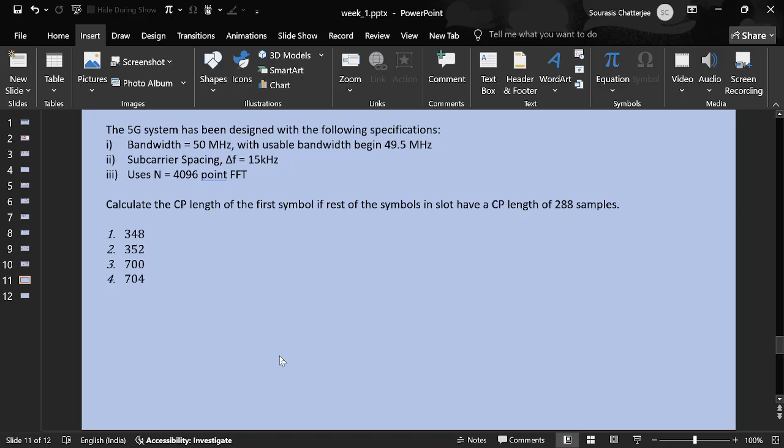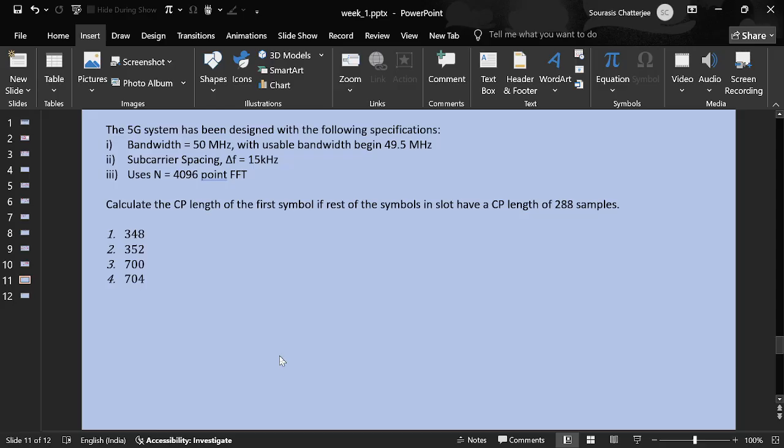Can one of you please confirm it? Yes. Okay, thanks. So let us calculate the number of samples per slot. In each slot I have 14 symbols.